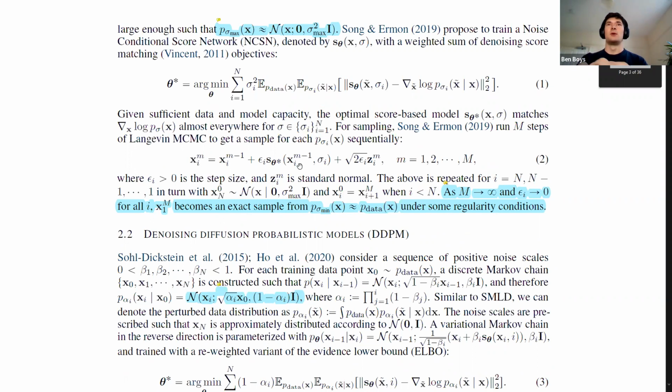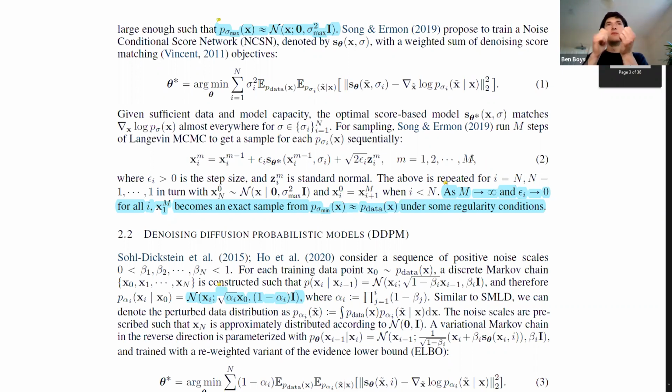So at each step i, you have Langevin dynamics where there are m steps, m function evaluations of the score, which you approximate with the network. But then you sample big M times the Langevin dynamics at each noise step. So there's an outer loop.